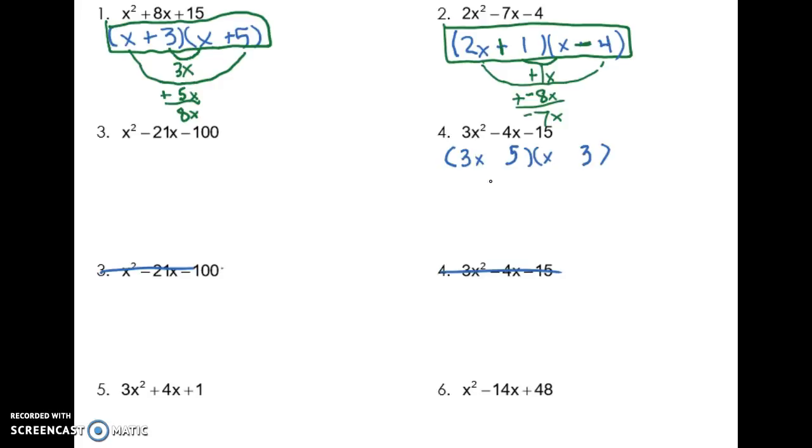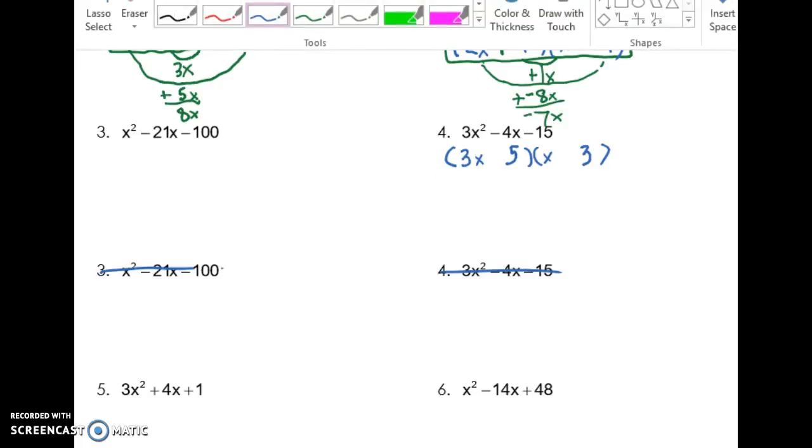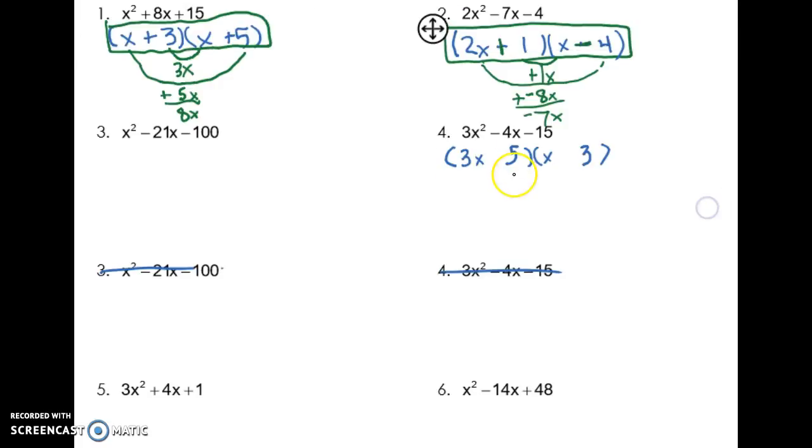But if I look at what I have left, I know I'm going to have opposite signs. I'm just going to leave it as is right now, because I want to figure out what the signs are in a little bit. Because I don't want to do all the work and then find out, oh my gosh, I just switched the signs. So I'm going to multiply these right here and make it a 5x. And those give me a 9x. So what I'm trying to do is figure out, can I get a negative 4 out of those by adding or subtracting?